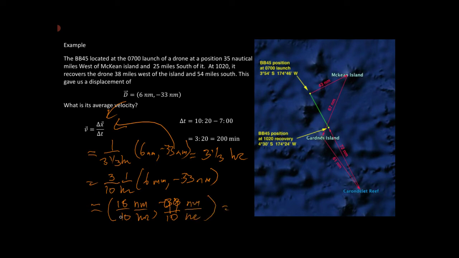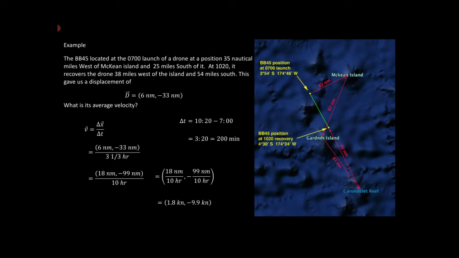Okay, so 18 over 10, that's 1.8. Now, a nautical mile per hour is a knot, so 1.8 knots, and 99/10 is minus 9.9 knots. And that's it. So we just had to divide each component by the change in time after we found the change in time.